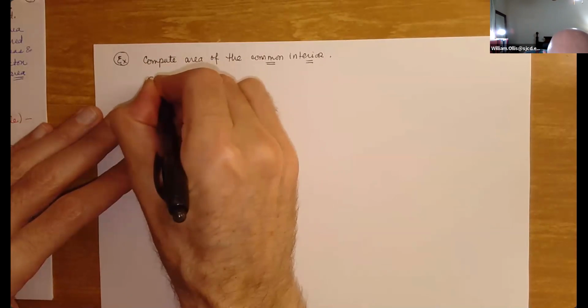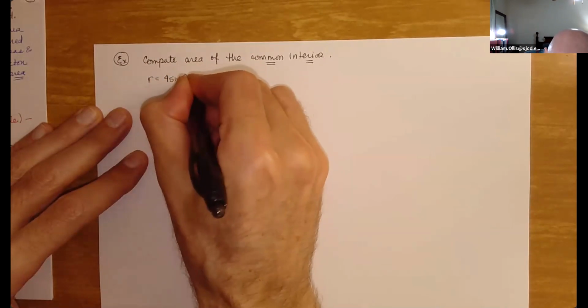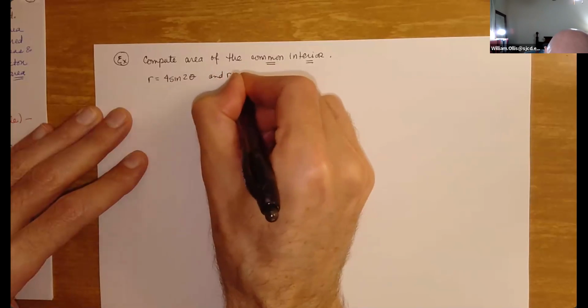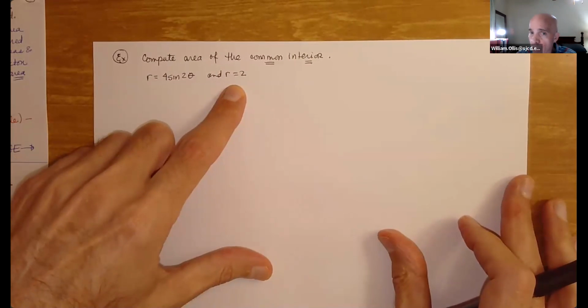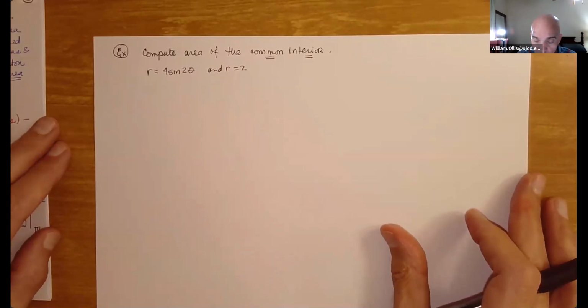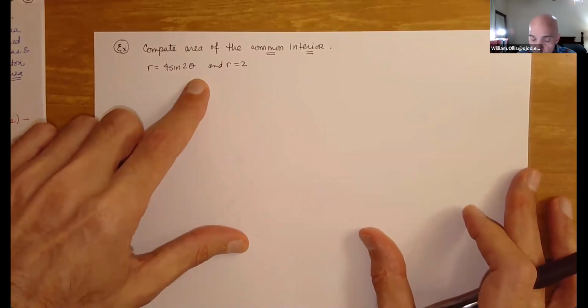So here's an excellent example. r equals 4 sine 2 theta, that's a rose curve, and r equals 2, which is just a plain old circle centered at the origin. So again, this is the rose curve that we talked about last time. What we're going to do is always look for symmetry.